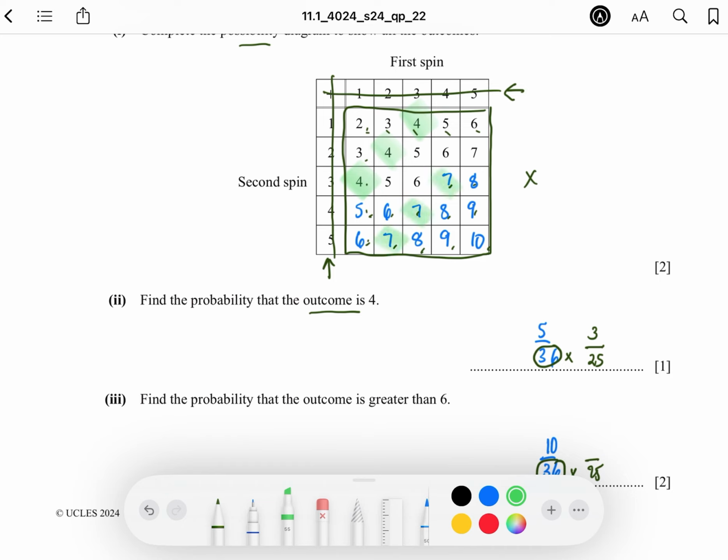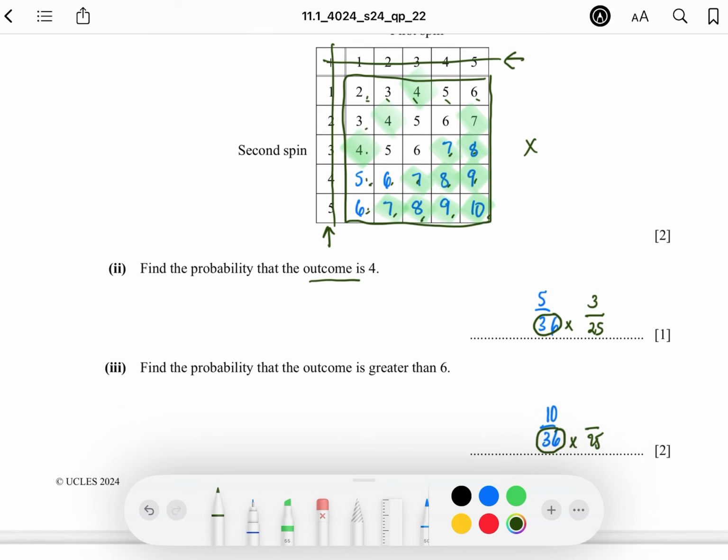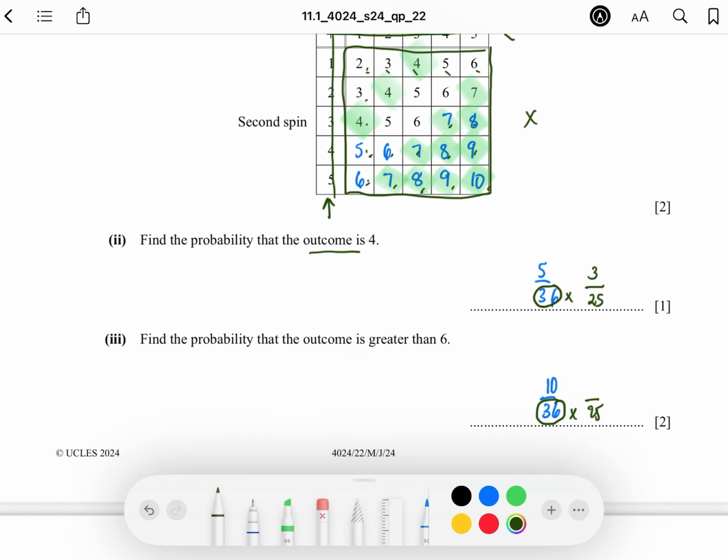So 1, 2, 3, 4, 5, 6, 7, 8, 9, 10. So this person correctly identified that there are 10 outcomes greater than 6. And this person would have gotten the correct answer if they had correctly identified the total outcome as 25 instead of 36.